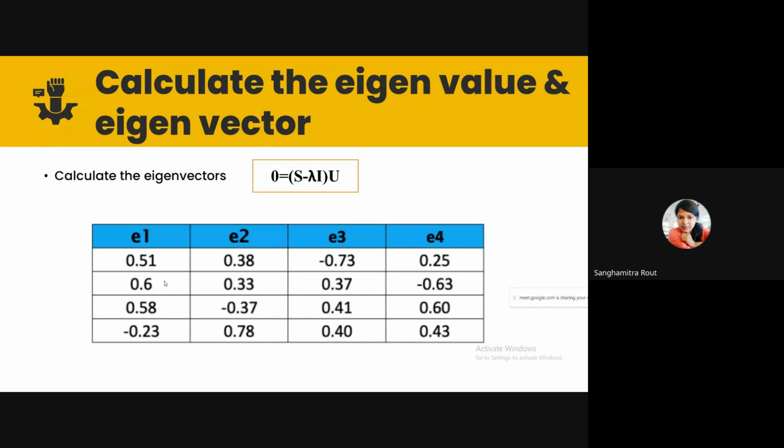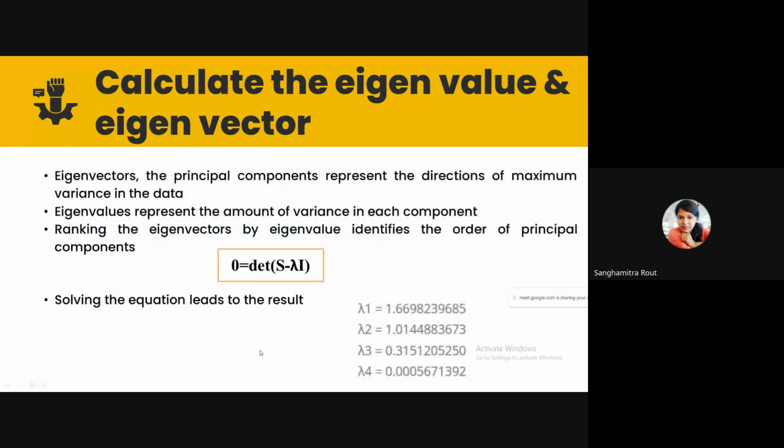To calculate the PCs, we need to consider the largest eigenvalues. Here you can see your largest one is 1.66, compared to 1.01. You can take these two values, lambda 1 and lambda 2, the largest eigenvalues, to calculate your PCs.